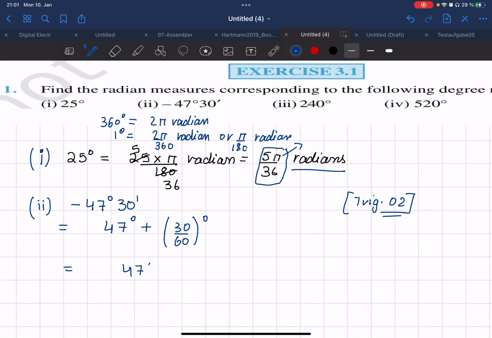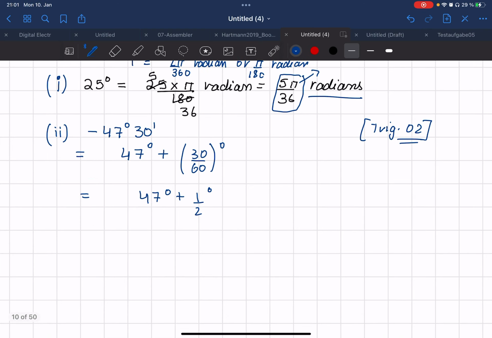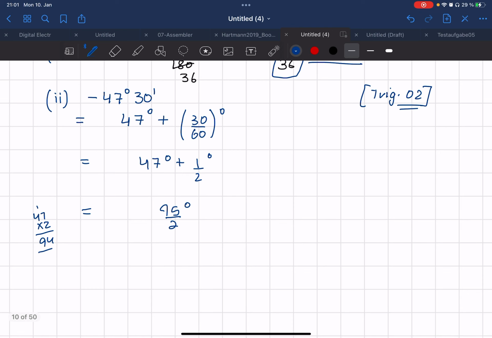So 47 degrees plus 1 by 2 degrees. That will be 47, 2 7s are 14, 94, 95 by 2 degrees. We can just keep a small minus here, but we don't need to involve the minus before. We just put it at the end, whatever answer we get.